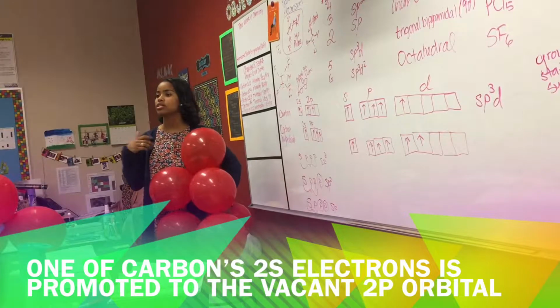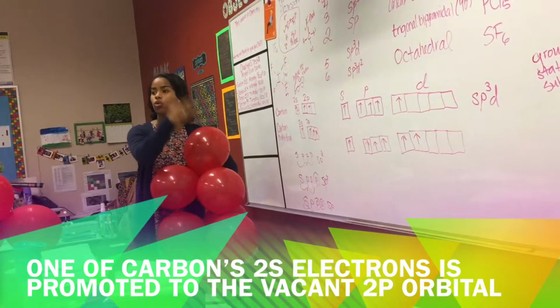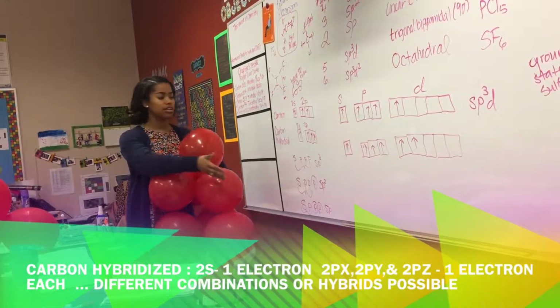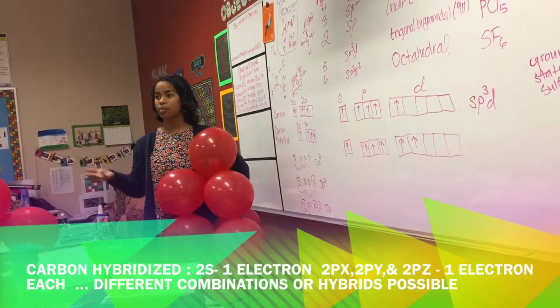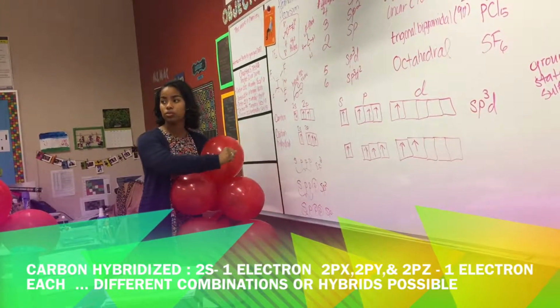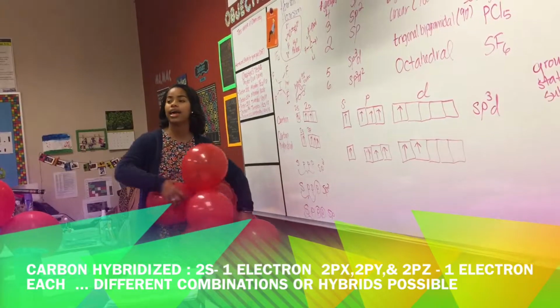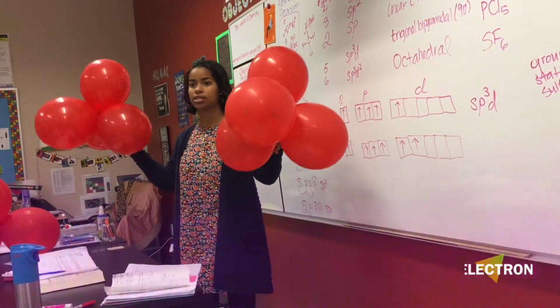And just like I can have a car that runs on gas and electric, I can combine these orbitals to make hybrid orbitals. If I combine the s with the 3 2p electrons, I get an sp3 orbital. So here is an sp3 hybridized carbon.